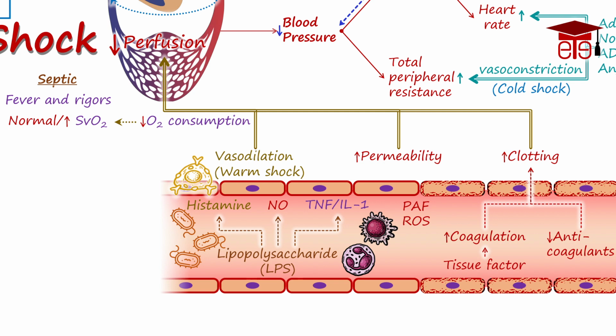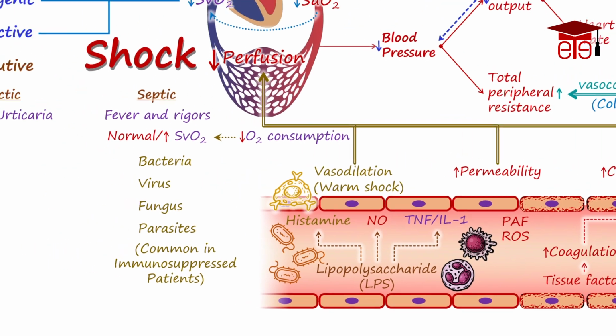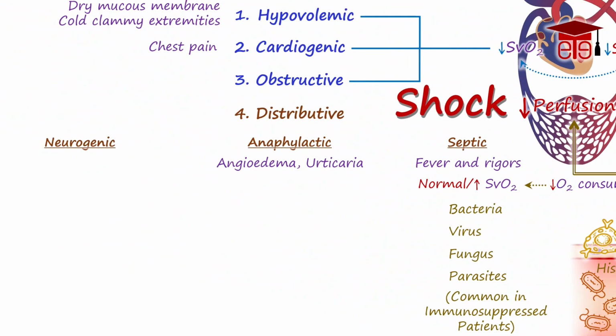Septic shock can result from various infections, including both gram-negative and gram-positive bacteria, virus, fungus, and parasites, with immunosuppressed patients being more vulnerable. The other subtypes of distributive shock include anaphylactic shock and neurogenic shock.